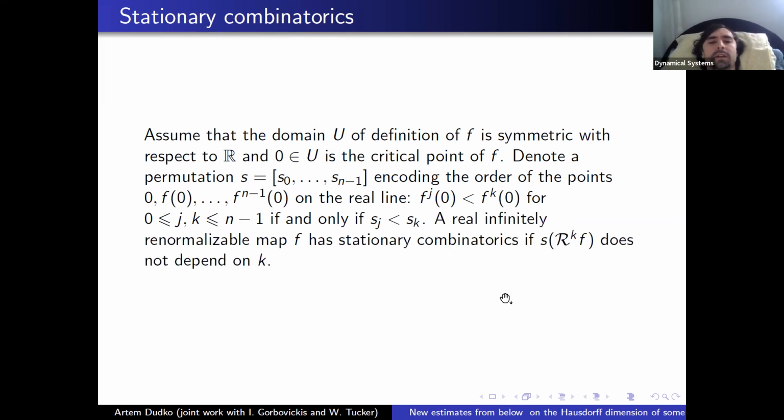And it is known that a real infinitely renormalizable map F, by definition, has stationary combinatorics if the corresponding permutation of all successive renormalization is the same.